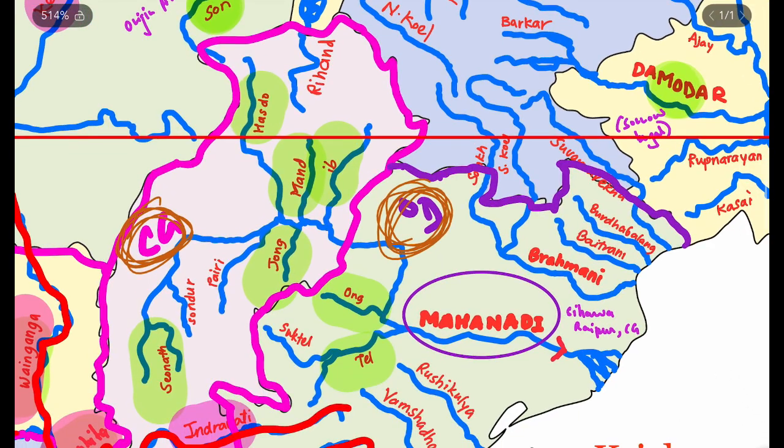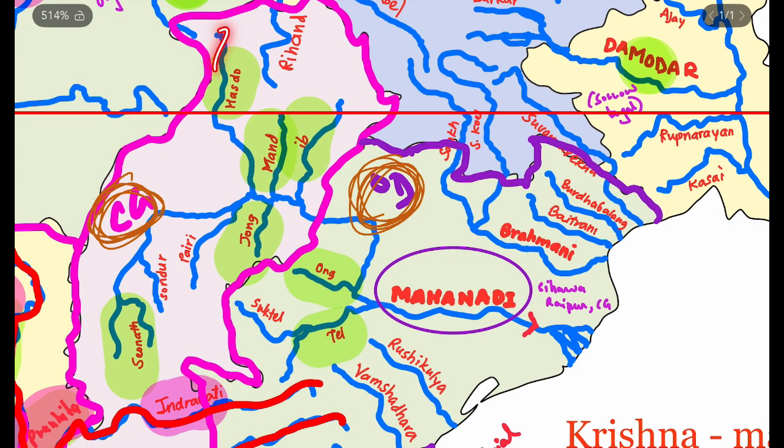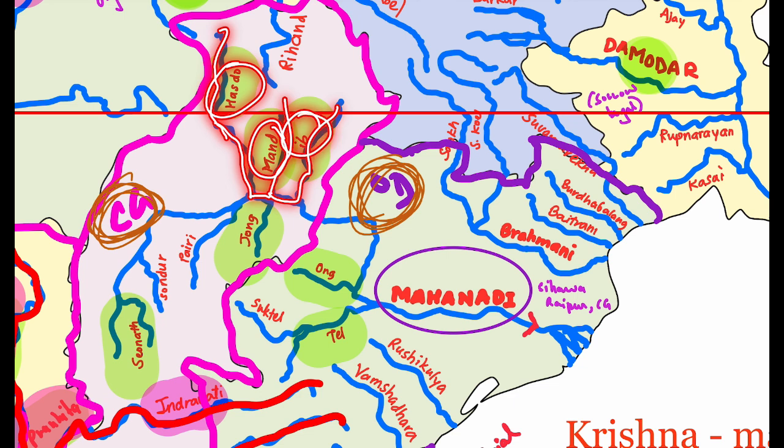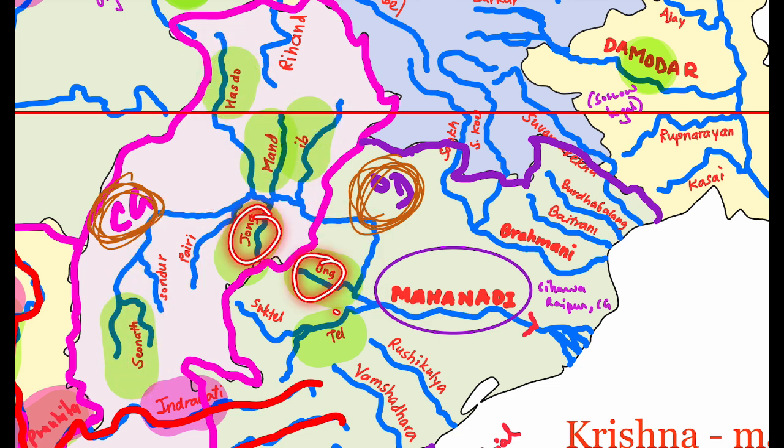Let's see the left bank tributaries: Hasdeo, Mand, Ib, Shivnath, Sandur, Pairi. These are left bank tributaries of Mahanadi. Jonk, Ong, Tel are Mahanadi right bank tributaries. Mahanadi originates from Raipur, Chhattisgarh, Sihawa.